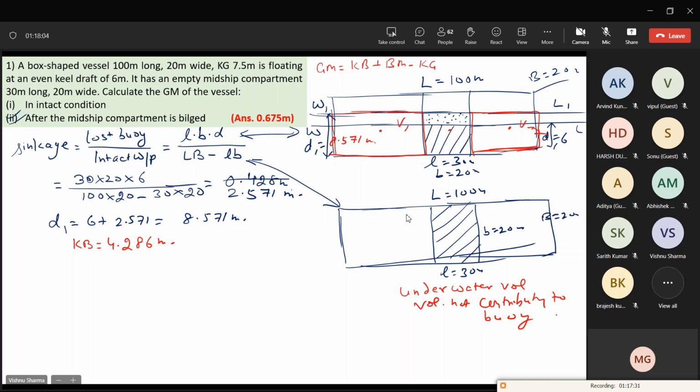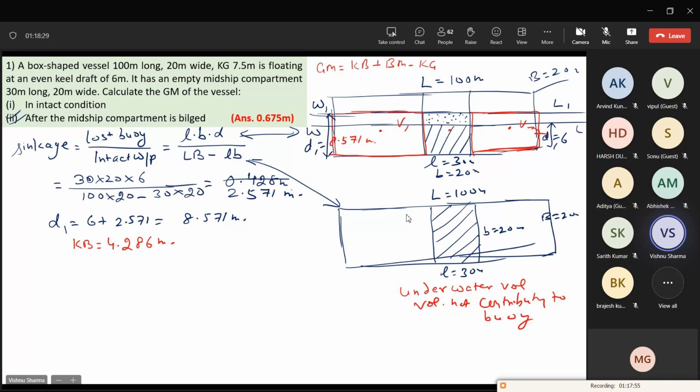Now look at the upper diagram. In the bilged condition and in notational form, I don't want numbers. In the notational form, use capital and small letters wherever need be.